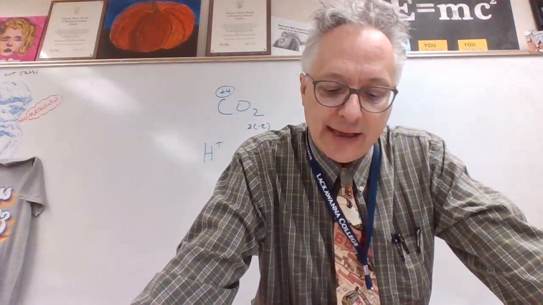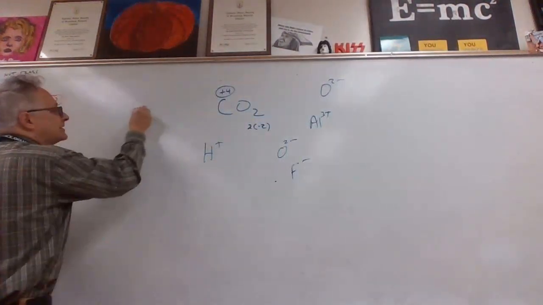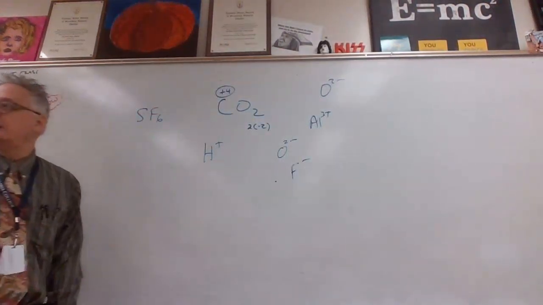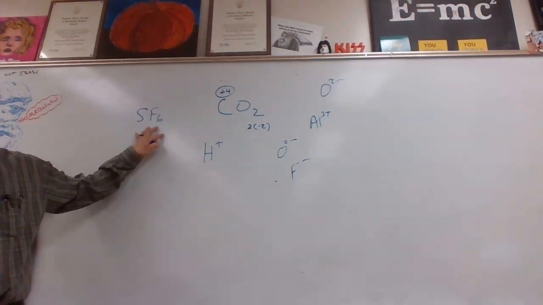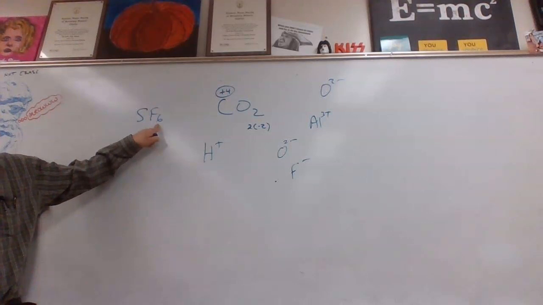Okay. In a binary compound, the element with a greater electronegativity is assigned a negative oxidation state equal to its charge. So for example, if I had something like SF6, this is a covalent compound. There's no metal here. And the more electronegative atom here is fluorine.